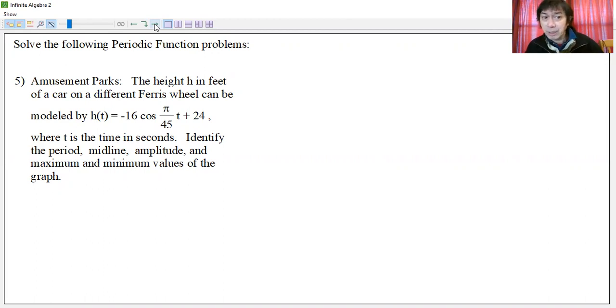So the equation has the a, the b, and the k. We don't have the h here, the horizontal translation. So let's write the given first. We start from the given.